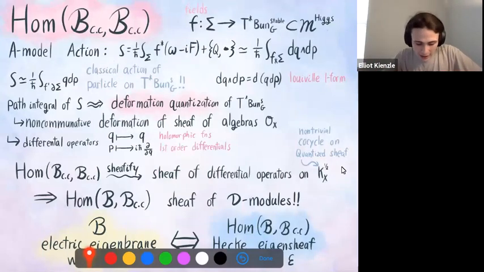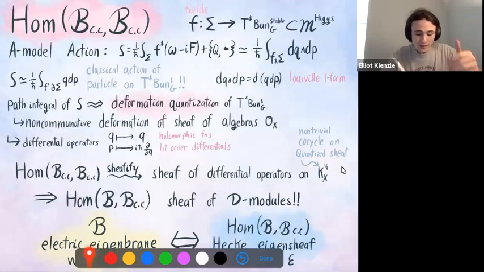So instead of thinking of p as a coordinate, we can think of it as i h bar d/dq, right? And then when we do it this way, the commutator of this operator and q gives us the canonical commutation relationship that you need for a quantum system, p and q. And this gives you the deformation quantization.